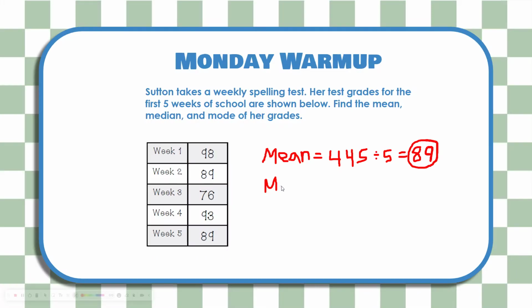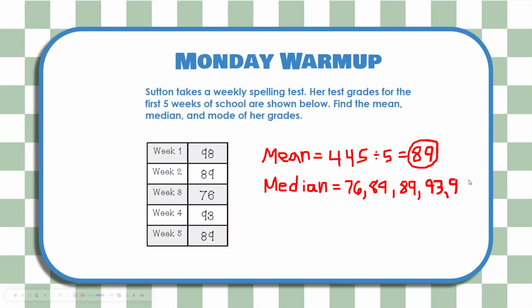Next we need to find the median. If you think about that word, that is asking you to find the middle of the data set. But the important first step here is to put the numbers in order before you find the middle. So I'm going to go least to greatest. We got 76, 89, another 89, 93, and 98.